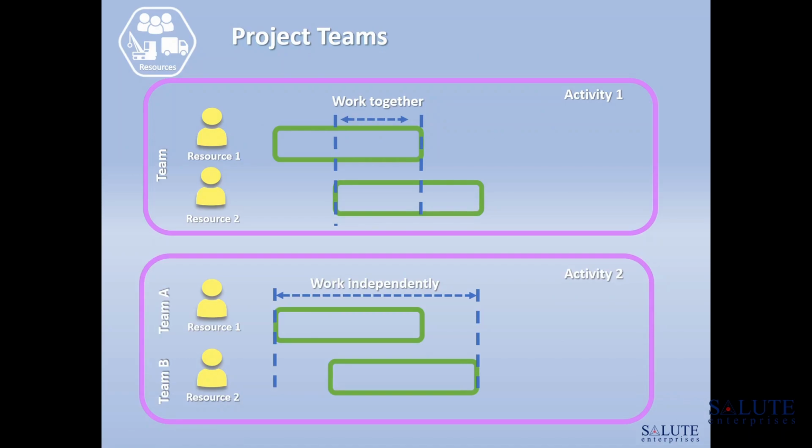When more than one resource is required to perform an activity, there are potentially 3 ways the work could be accomplished. In the first scenario with activity 1, we have a team with 2 resources assigned, resource 1 and resource 2. Unless both of these are available, the work cannot be done.